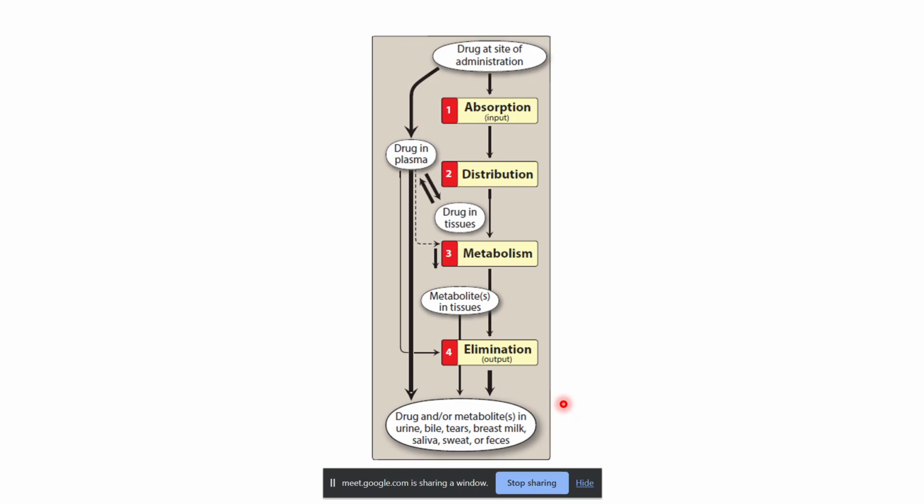That is why most of the drugs are contraindicated for breastfeeding women, because most of them will be eliminated by the breast milk and then enter the infant body in higher concentrations than are recommended for infants, or even contraindicated at all. So these are the main four steps: absorption, distribution, metabolism, and elimination.